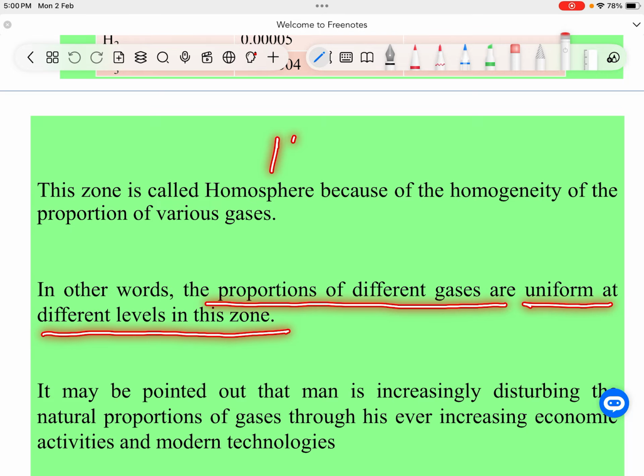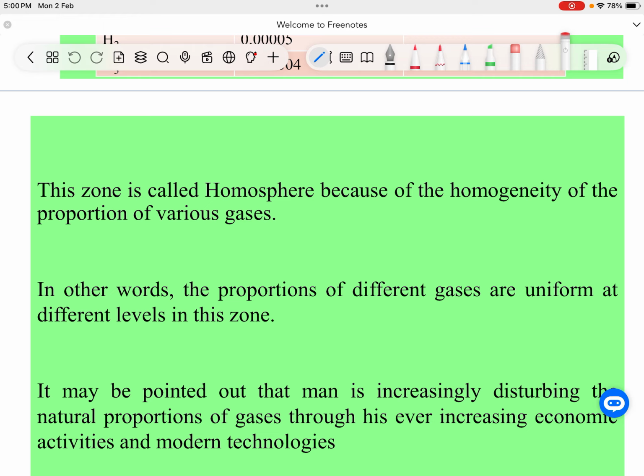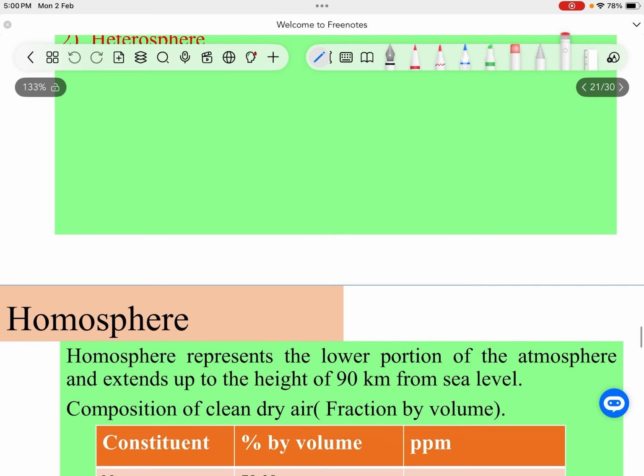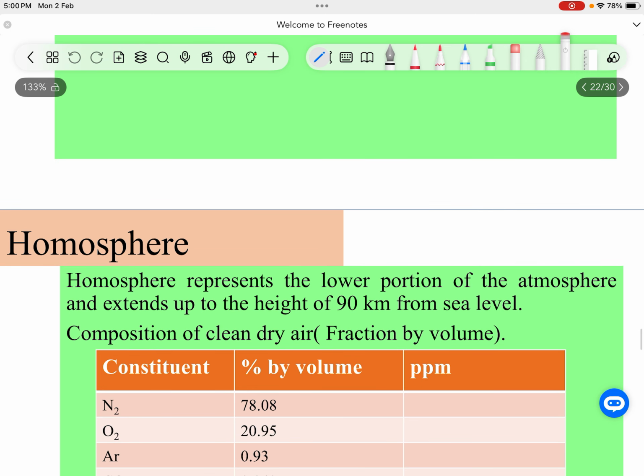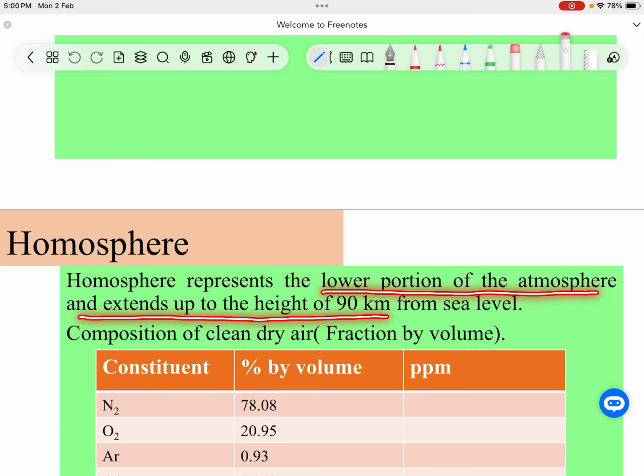So in homosphere, the proportion of different gases are uniform at different levels. Say for example, homosphere represents the lower portion of the atmosphere and extends up to a height of 90 km from the surface.